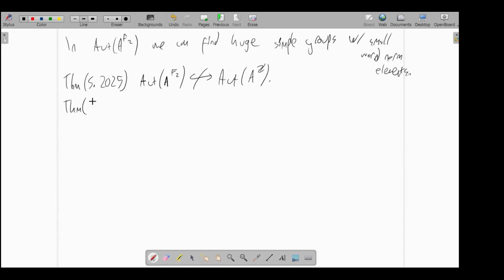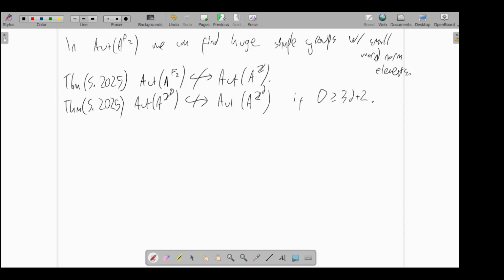Another interesting thing is that I was also able to show that the D-dimensional cellular automata groups do not embed in the little d-dimensional automorphism groups if D is at least 3d plus 2.